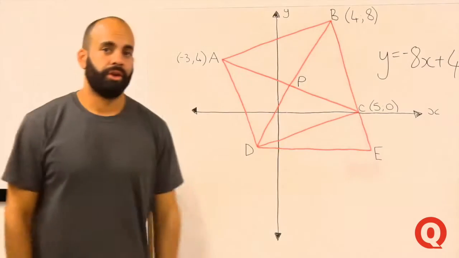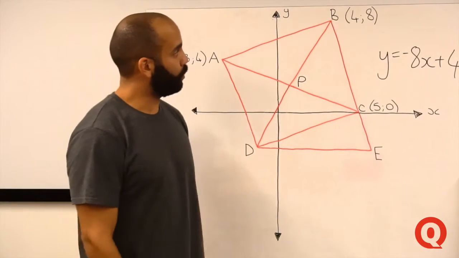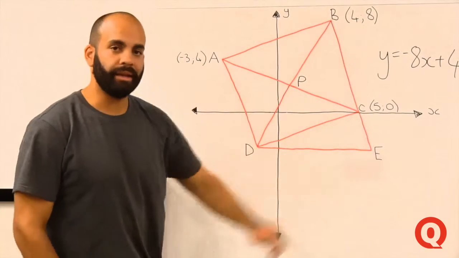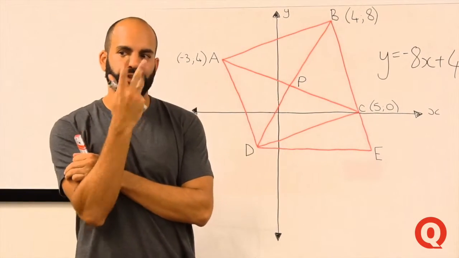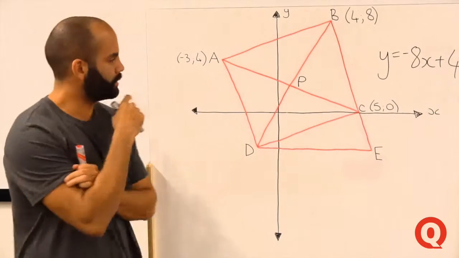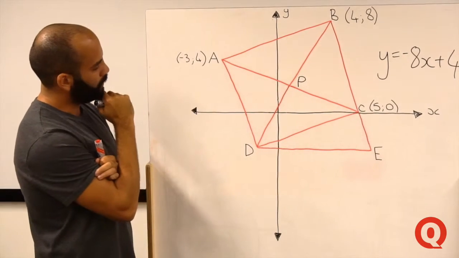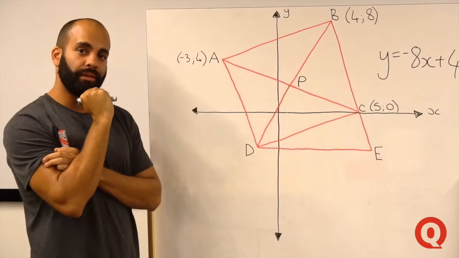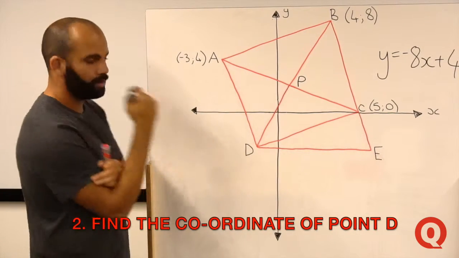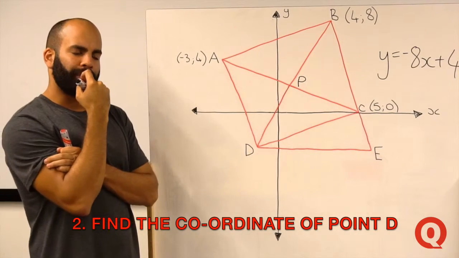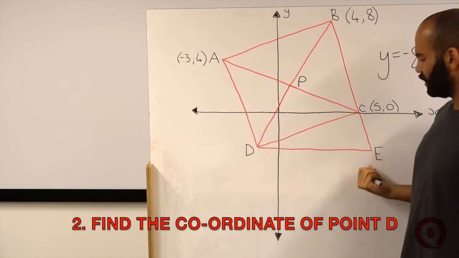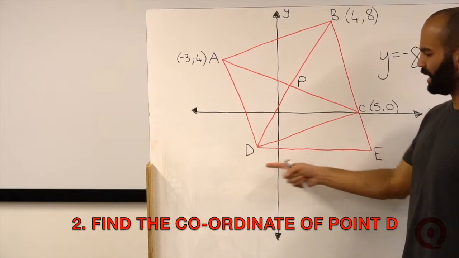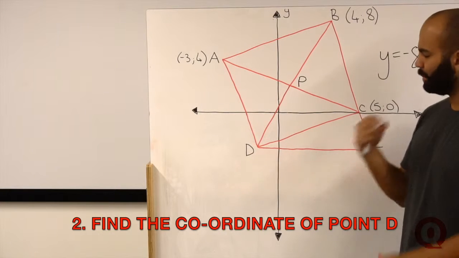Simple, isn't it? Now that you've found the equation for the line BE, the next question that could be posed to you in an example paper or a test would possibly be to find the coordinate of D. But how would you find that? You don't necessarily know what the coordinate of E is, so you can't directly interpret what D would be.